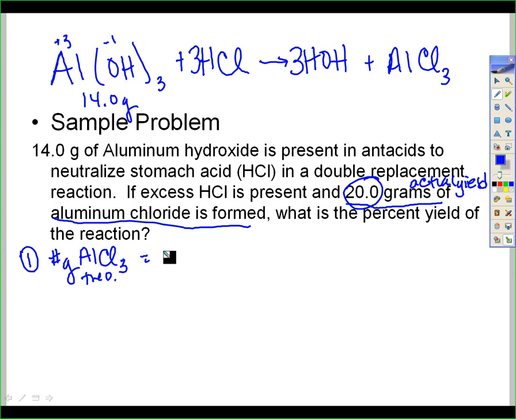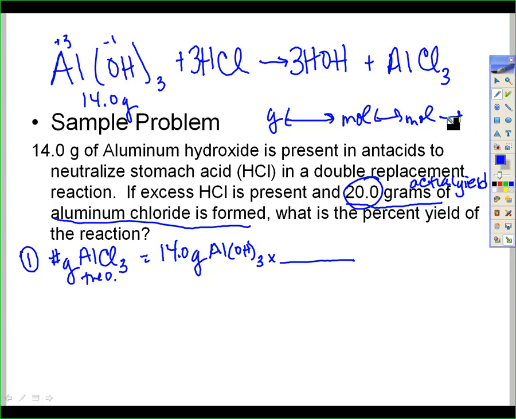If I have 14.0 grams of aluminum hydroxide, we're going to go through the stoichiometry, and that's a mass problem. I want to know how many grams of aluminum chloride I should theoretically make from this mass of aluminum hydroxide.